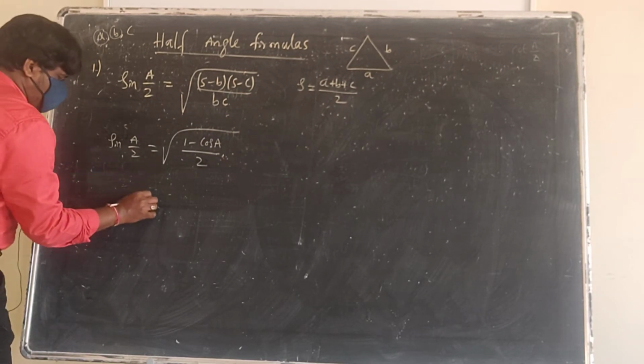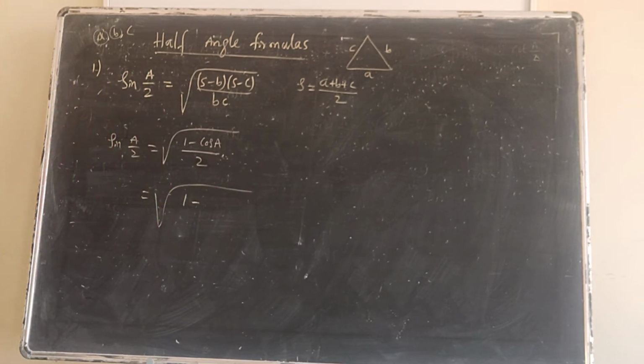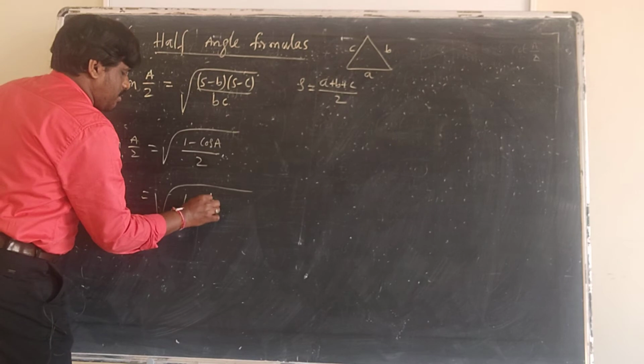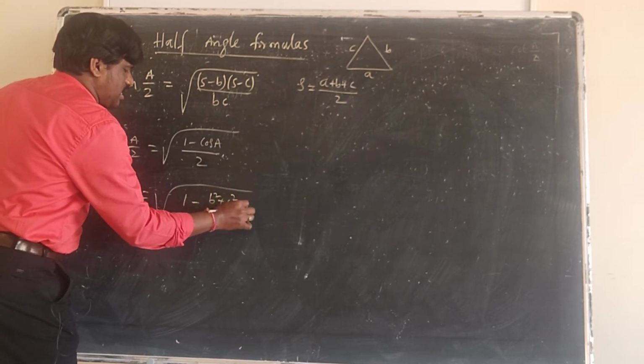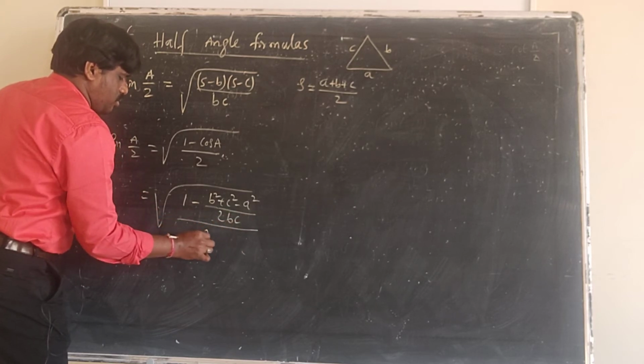So this is equal to, we can write, under root of 1 minus cos A by 2, means the cosine rule. Cosine rule I explained. What is the cos A formula? Cos A is equal to B square plus C square minus A square upon 2BC, divided by 2.